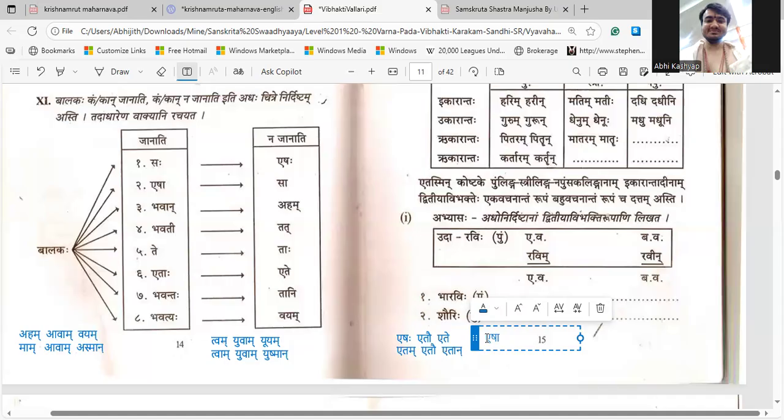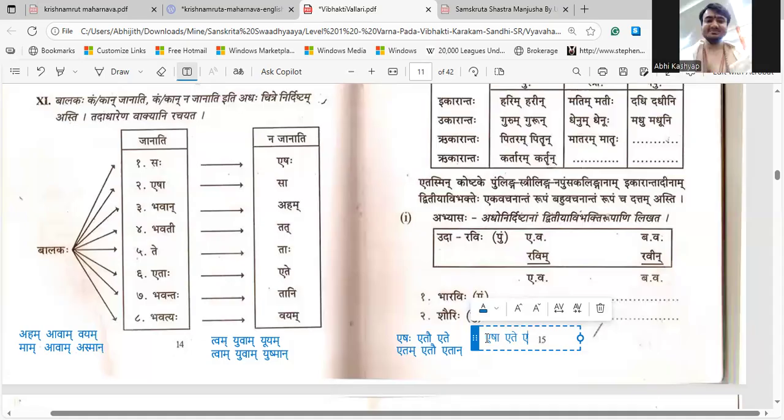Any guesses? Rama, easy. Ete, because it is Rame. So it is ete. Then Etaha, like Ramaha.